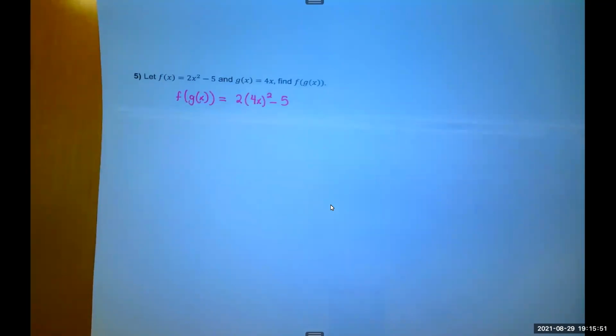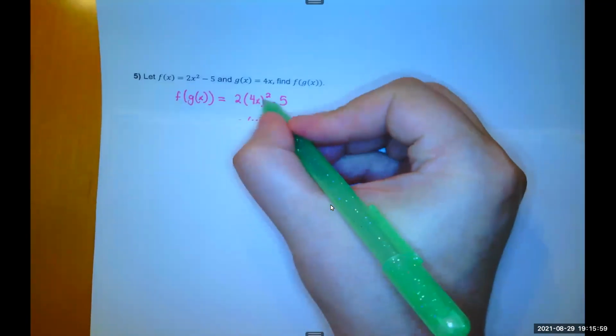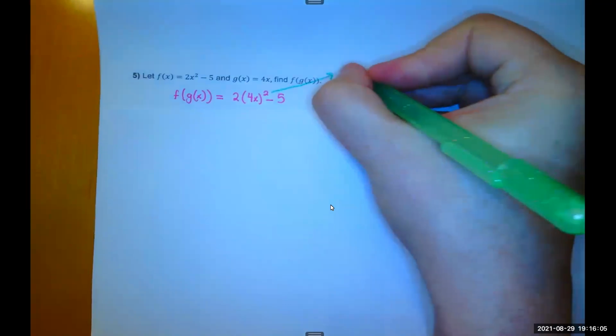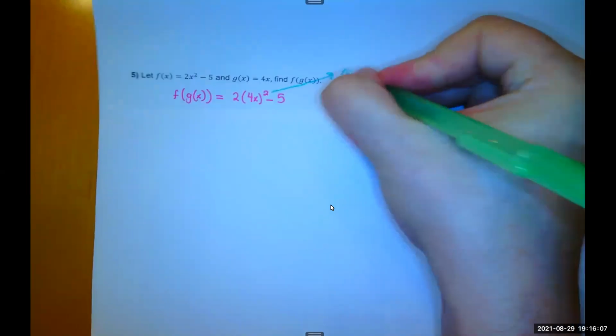This one I wrote vertically, which is again your choice, perfectly fine, however you want to do it. So instead of 2 times x squared, we have 2 times 4x squared, the 4 and the x are being squared, minus 5. Remember, anytime you see a power of 2, you can always expand it and write it out as the thing times itself.